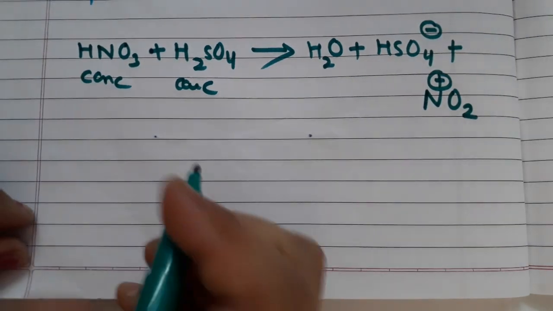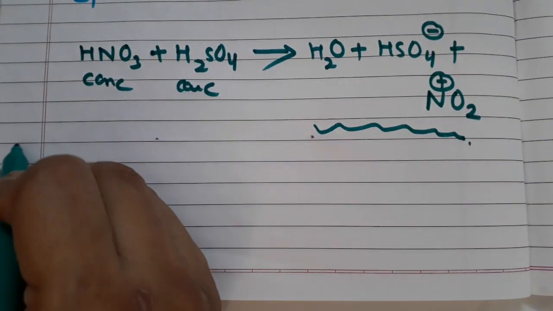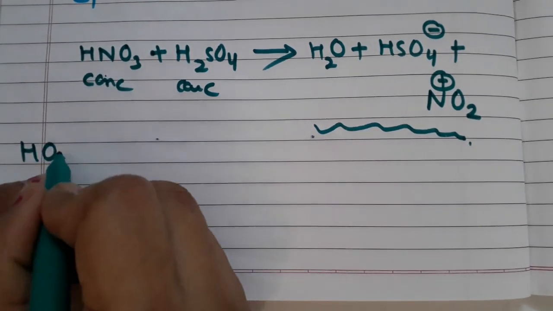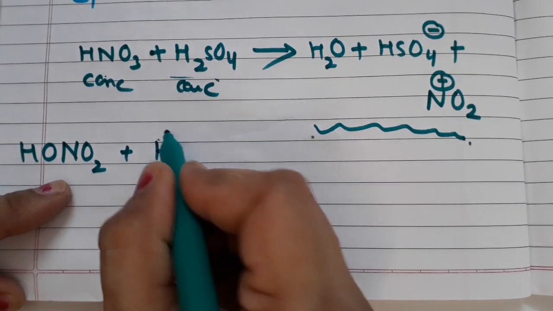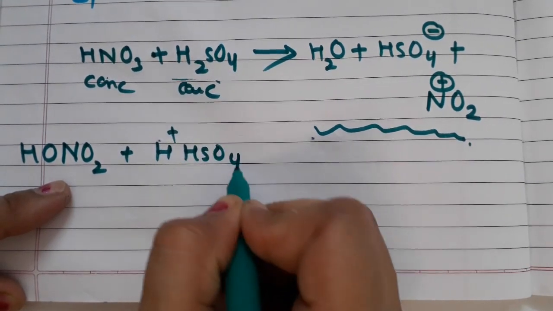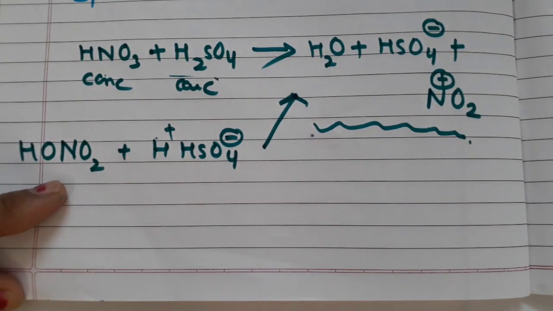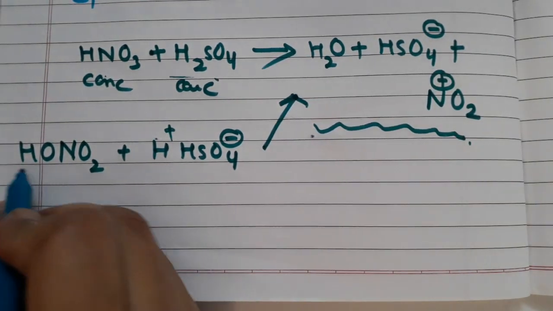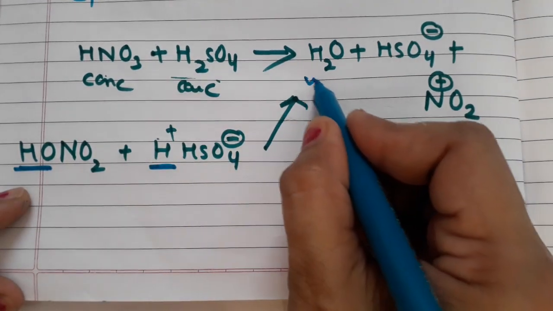Okay, suppose you are having difficulty remembering how I got this, what you can do is break this HNO3 into HO-NO2 plus and this into H plus and HSO4 minus. Just see now the reaction becomes easy. I'll explain how. See this OH and H plus. Okay students, we got water.